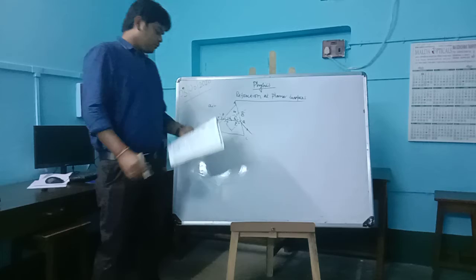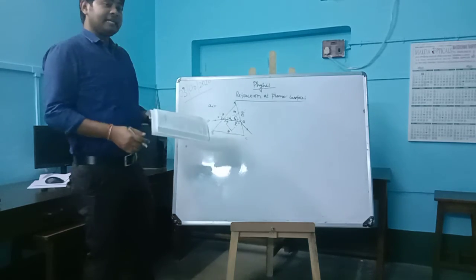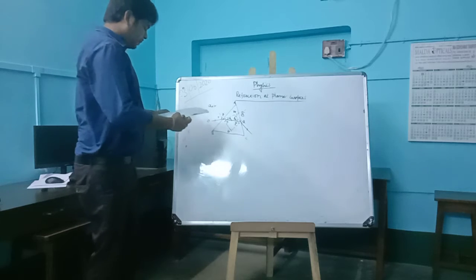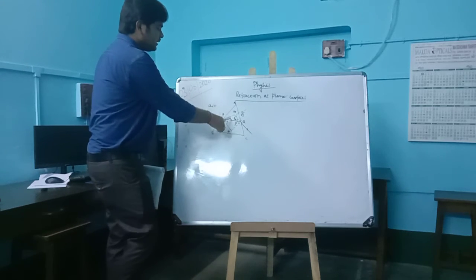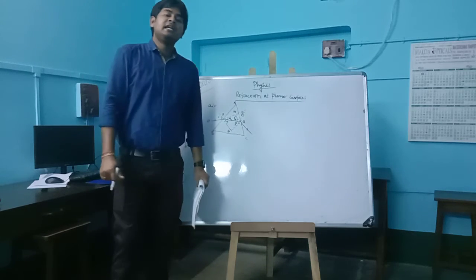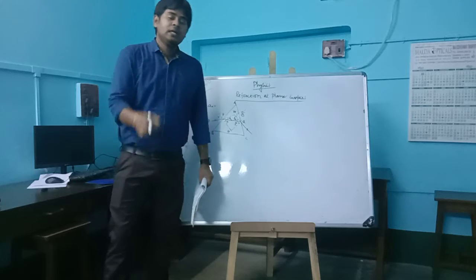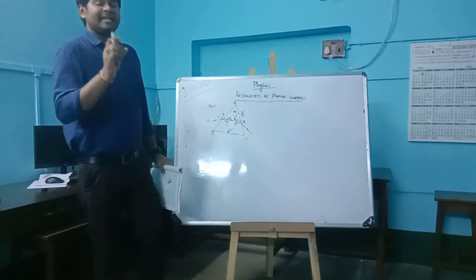Now I am going to calculate the angle of deviation delta. Look at here. This is the triangle PMQ, and we know that the external angle is equal to the addition of two opposite internal angles.